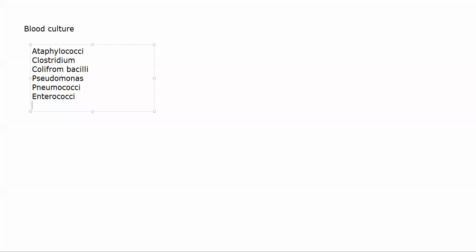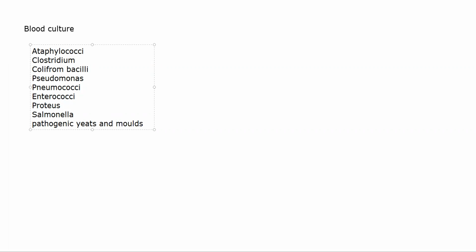Now, most commonly in blood cultures, you will see a few bacteria. Specifically, you will see Staphylococci, Clostridium perfringens, coliform bacilli, okay, Pseudomonas, you can see pneumococci, okay, enterococci, Proteus, Proteus mirabilis, okay, some species of Salmonella, okay, sometimes you will see yeasts and molds as well, pathogenic yeasts and molds, fungal infections.